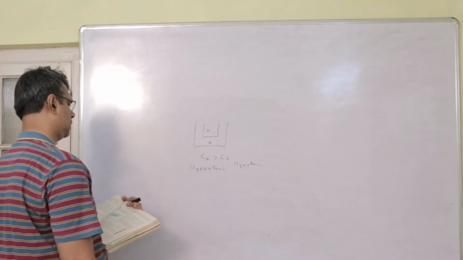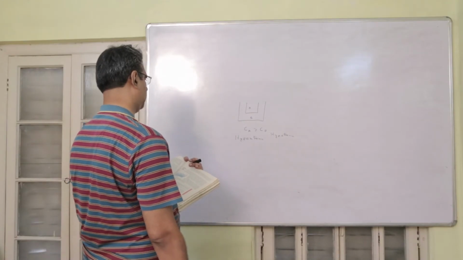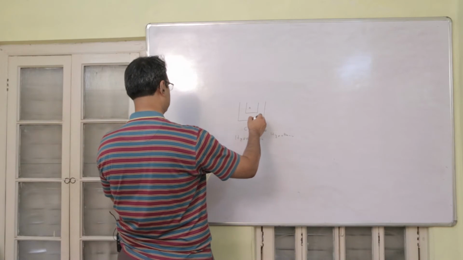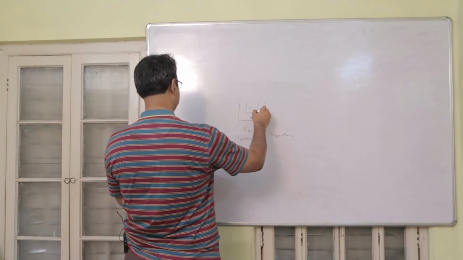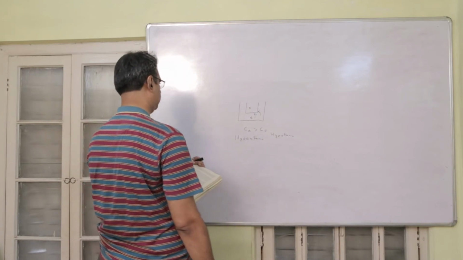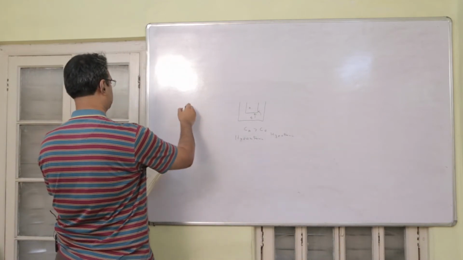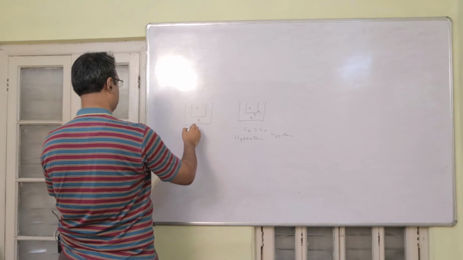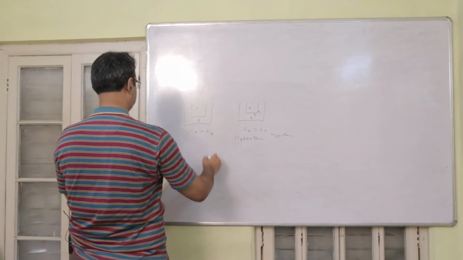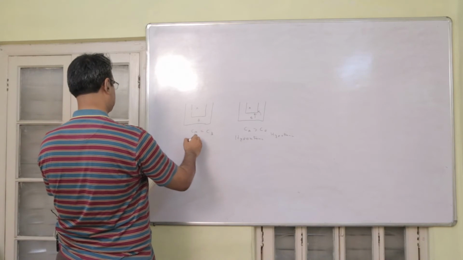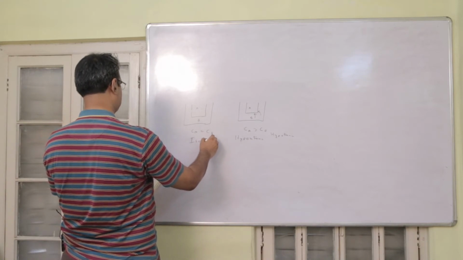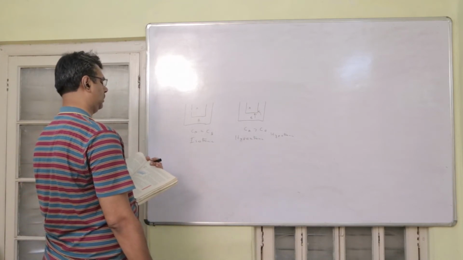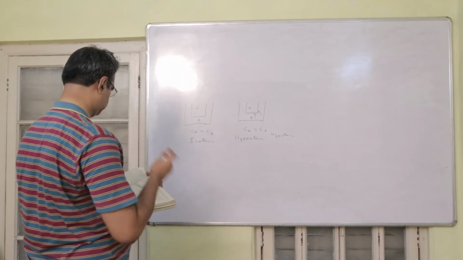The liquid will flow from lower concentration to higher concentration, so it will go from B to A. In another situation, suppose the concentration of A and B are both the same. In that case we say that they are isotonic. Isotonic means there will not be any osmosis at all.